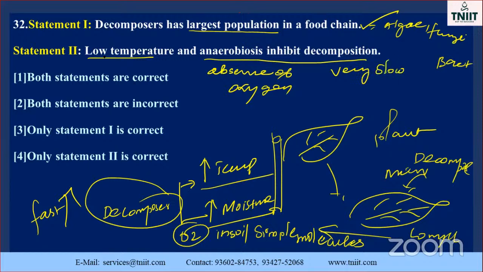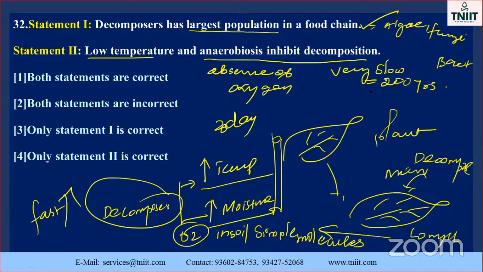At the same time, low temperature means the reaction is very slow in nature. When low temperature as well as anaerobic conditions are present, the decomposer activity is very, very slow. It can take up to 200 years for the decomposition process. Suppose the temperature is high, moisture is high, and the oxygen content is also high, the reaction will happen within 2 days or 20 days.